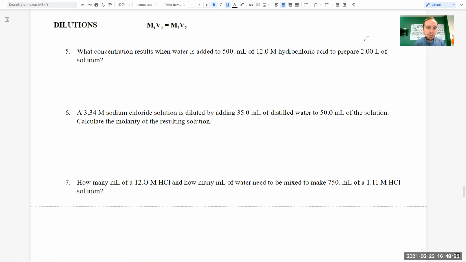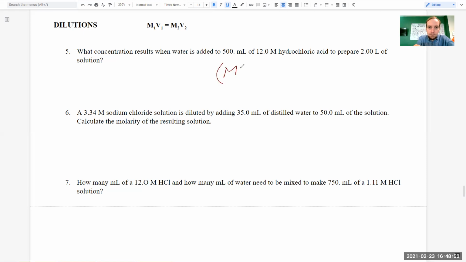Number 5 says, what concentration results when water is added to 500 milliliters of 12 molar hydrochloric acid to prepare 2 liters of solution? So we're looking for M2.